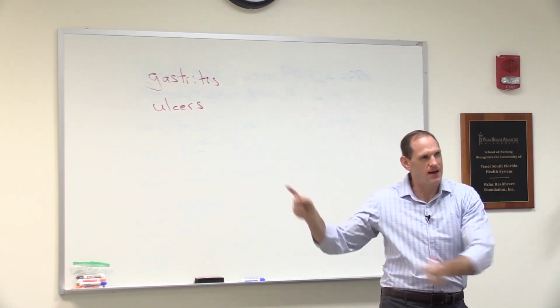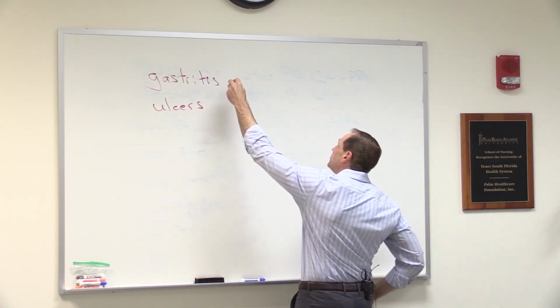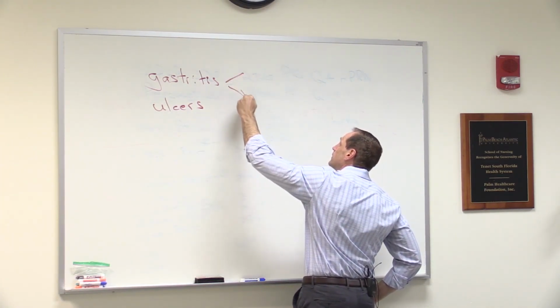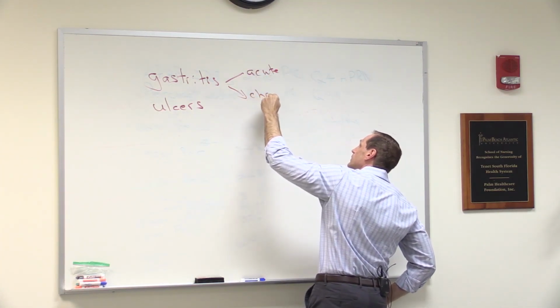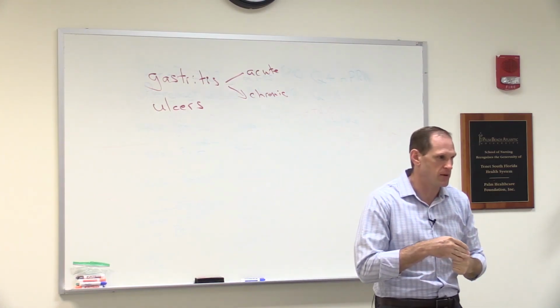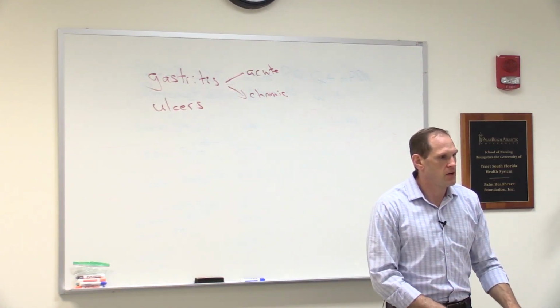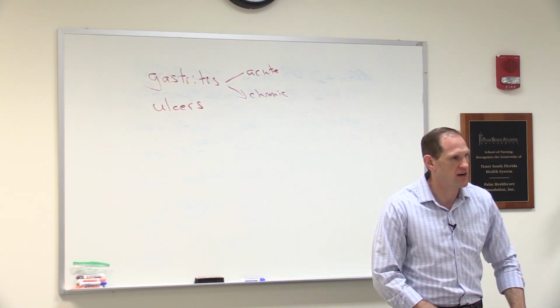All right, now let's talk about gastritis. So gastritis comes in two forms, acute and chronic. And it's usually associated with stomach pain. So things that can cause acute gastritis, what would they be?